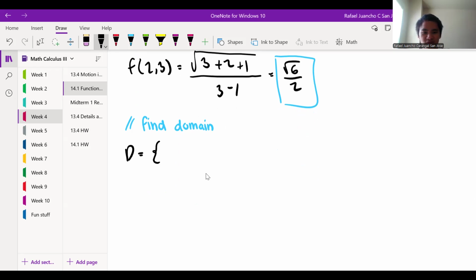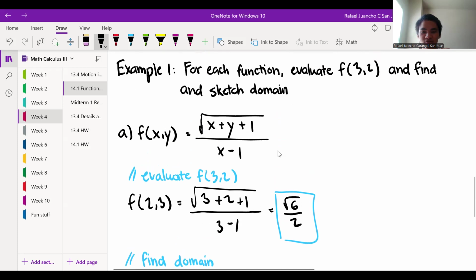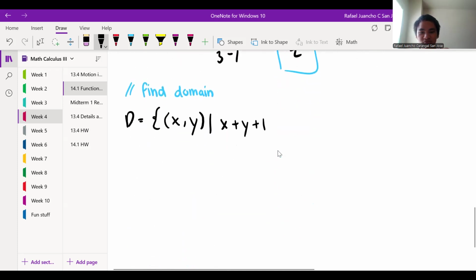Okay, so my domain is when I'm given some xy. Here's my rule. So I put a vertical line, and then I say my x plus y plus 1, this one, should not be a negative number. So how do I say that in math? It should be greater than or equal to 0. And the other condition was x shouldn't be 1.